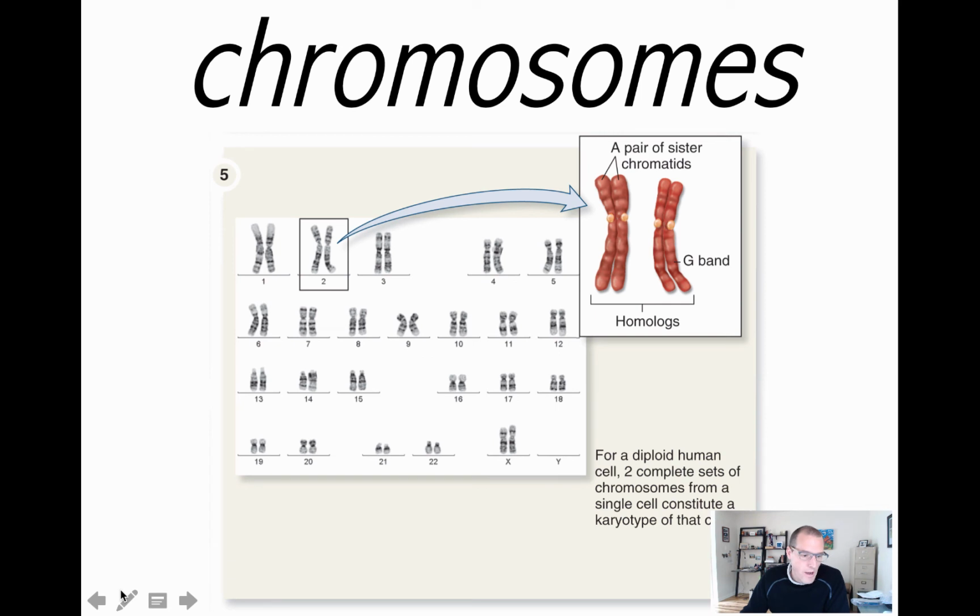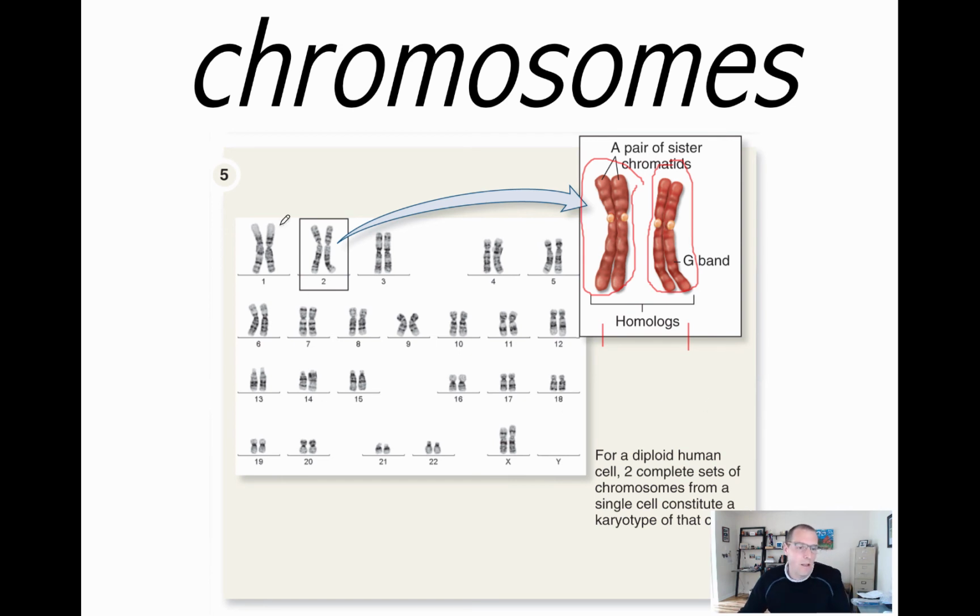So in this little diagram here, this chromosome would have come from mom or dad, and this one would have come from mom or dad. This could be chromosome 1 from mom, chromosome 1 from dad, and that's called a homologous pair.